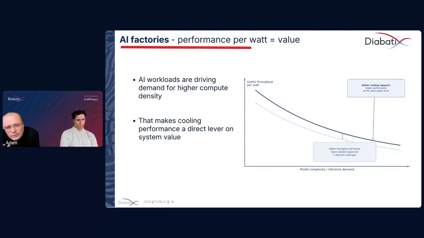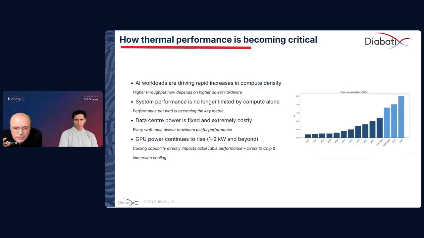But that obviously means, if we go to the next slide, that we need higher power or higher density equipment in those data centers. And that's what we see on the right-hand side in the curve: the evolution of the GPU power over the last years. Looking at the current date, 2025, 2026, the best performing GPUs are more or less around the 1 kilowatt range.